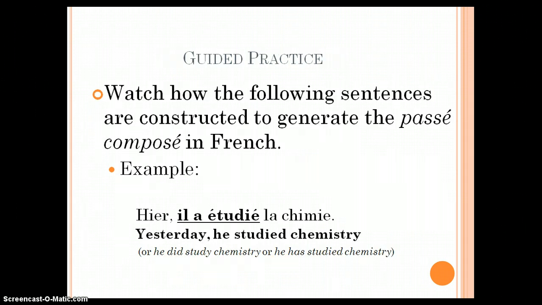So for guided practice, let's watch how the following sentences are constructed to generate the passé composé in French. So as a sentence example, hier il a étudié la chimie. Yesterday he studied chemistry. Or you can say he did study chemistry or he has studied chemistry. Notice how I have the appropriate form of avoir, il a, and then étudié, since étudier is an er verb.